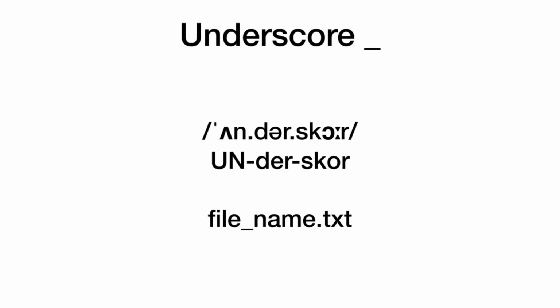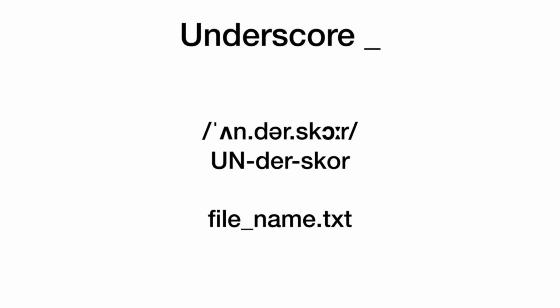Next, we have underscore, and we hear this a lot when people are giving directions for certain things on the computer or email addresses. We have an underscore, so we are going to stress the short U here.